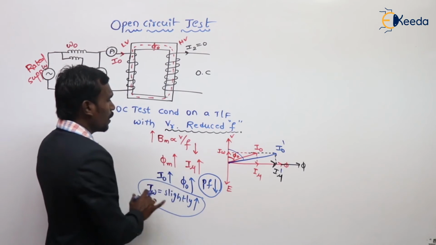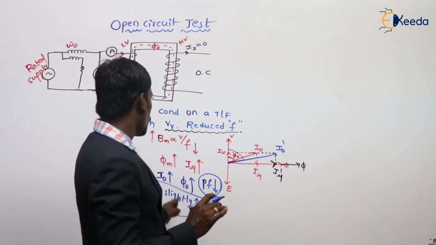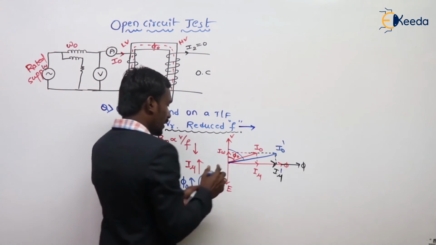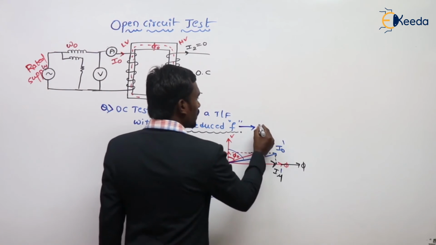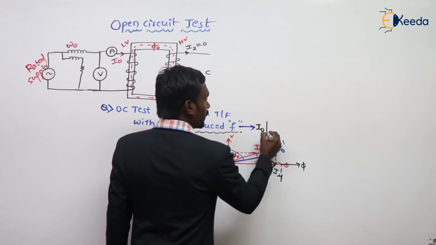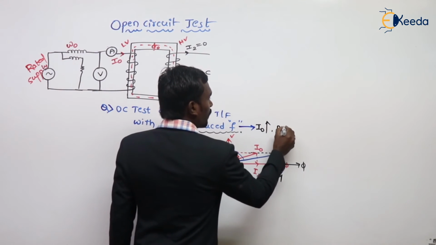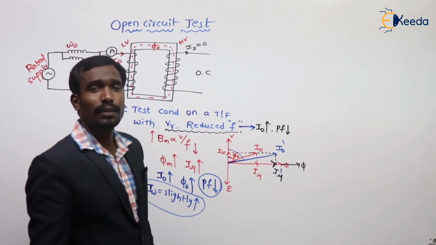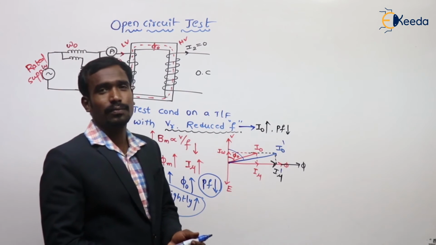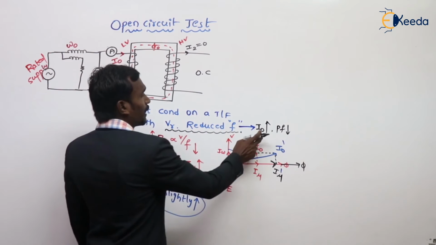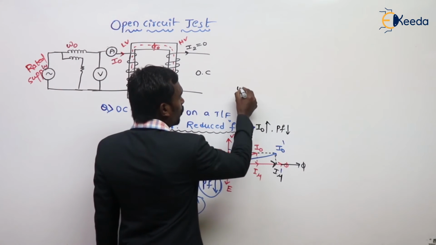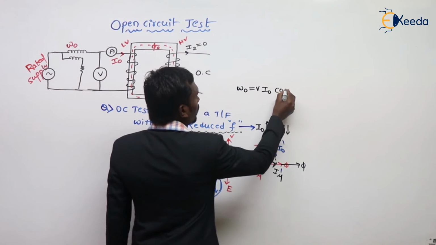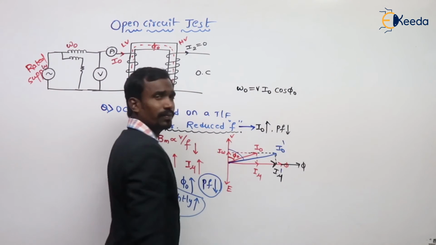This is simply what happened to power factor, what happened to current. At this condition, what happened to current? The no load current increases and the power factor decreases. When the no load current increases, W naught is equal to V I naught cos phi naught.